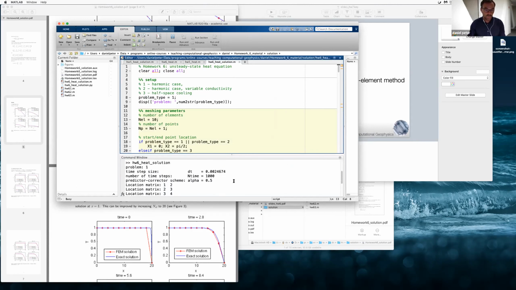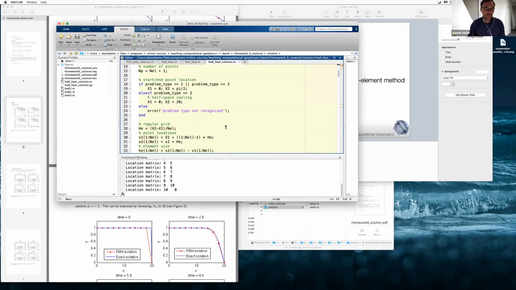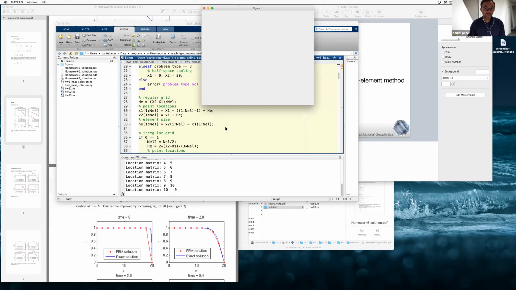Then what I'm trying to see is if we can get out the mass matrix.